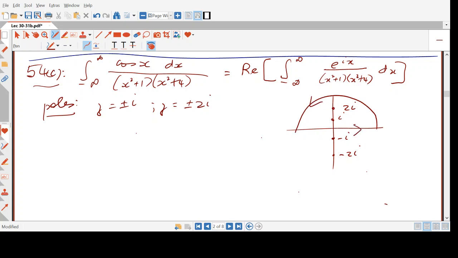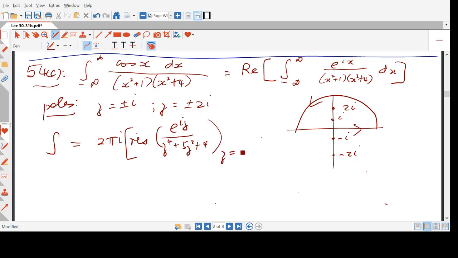So your integral works out to be 2 pi i times the residue of e to the iz over, let's multiply the bottom out, z to the fourth plus 5z squared plus 4 at z equals 2i, plus the residue of the same thing, e to the iz over z to the fourth plus 5z squared plus 4 at z equals i.